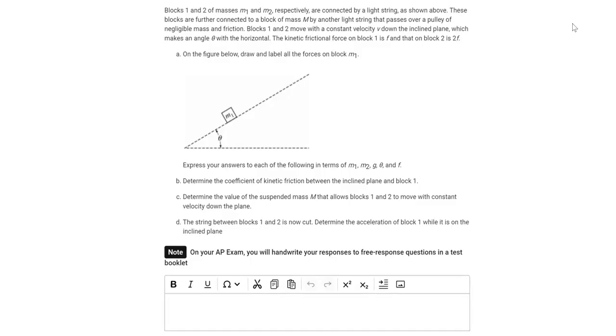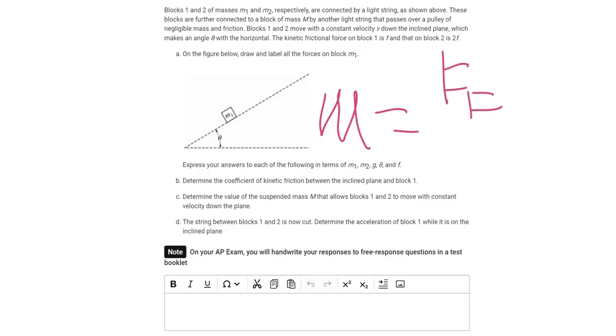Second, with part B, we want to calculate the coefficient of kinetic friction between the inclined plane and block 1. So to do this, we use the fact that mu equals friction force divided by normal force.